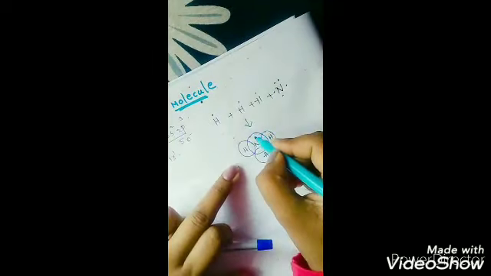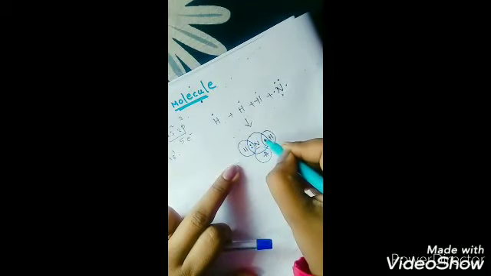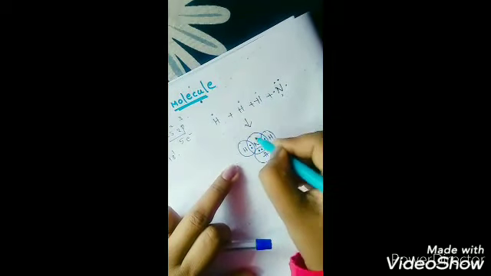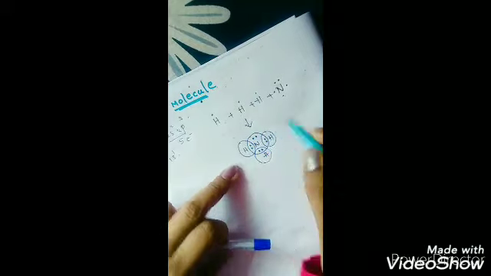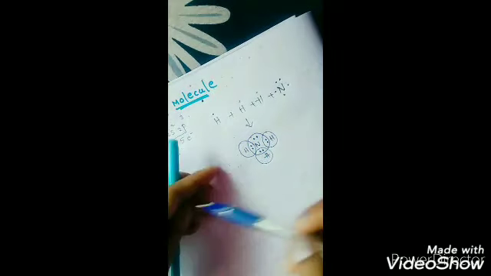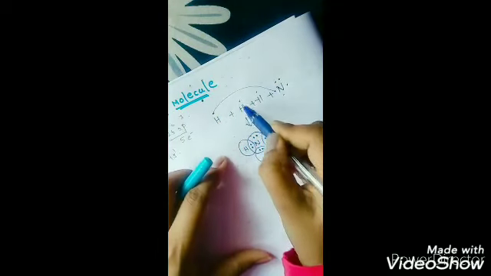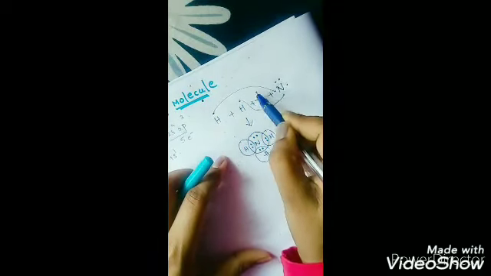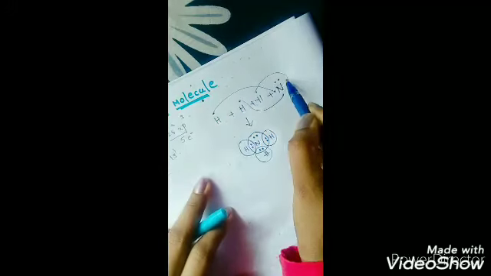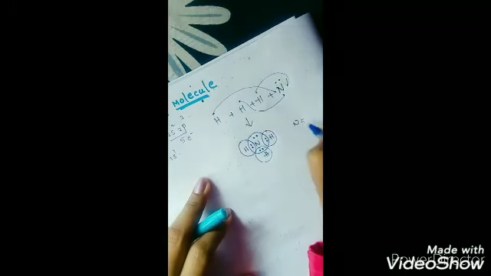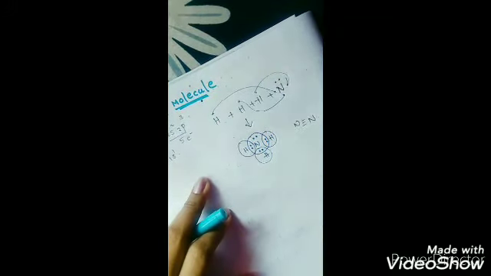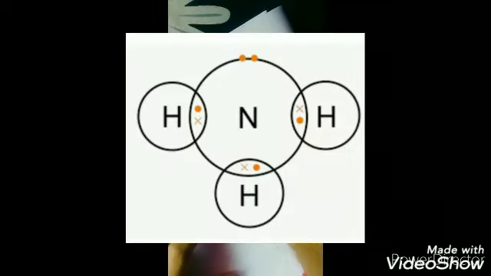Then if you represent the pairs of electrons, here 1 bond pair, here 1 bond pair, here 1 bond pair, and this is the lone pair of electrons. Why? Because these 2 electrons can get combined, and these 2, and these 2. So finally 3 bonds have to form.